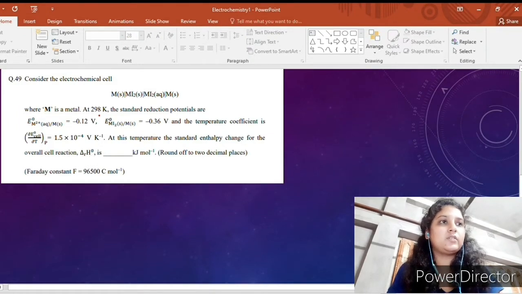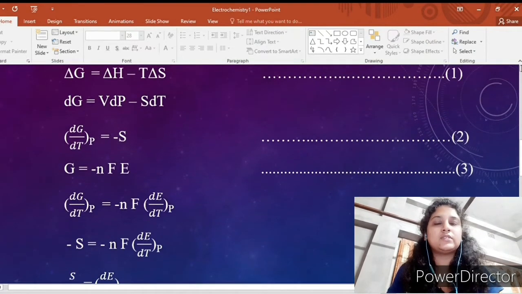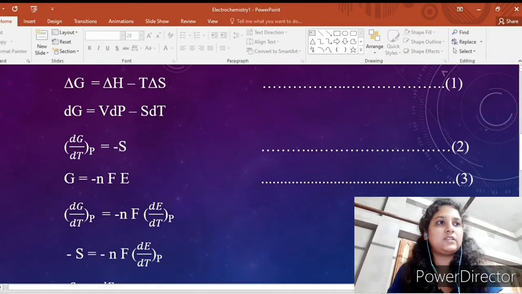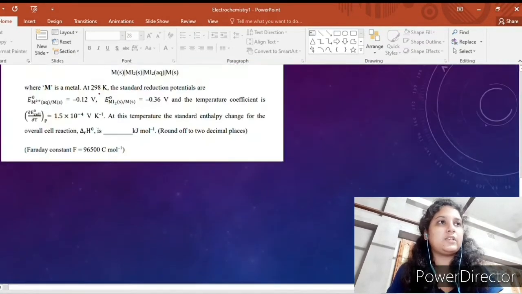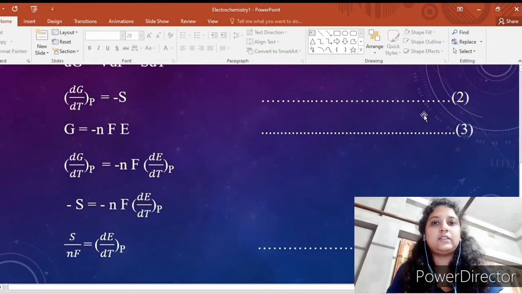I have told you the equations: del G is equal to del H minus T del S, and (del E/del T) at constant P is equal to S by nF, where n is the number of electrons, as you all know.